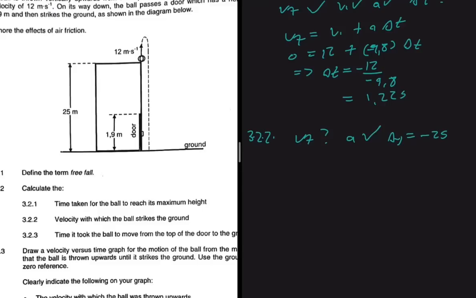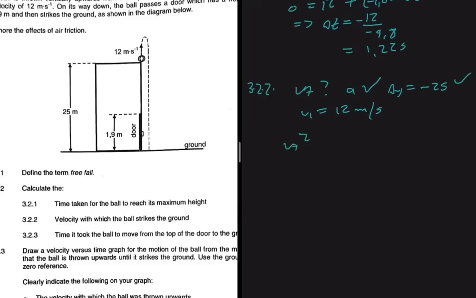So we have that there, and we also have the VI. Let's not forget, we have VI equal to 12 meters per second upwards. So now we have these variables: VF, VI, A, and delta Y. Which formula can we use? We're going to have VF squared equal to VI squared plus 2A delta Y. VF squared is exactly what we're looking for.